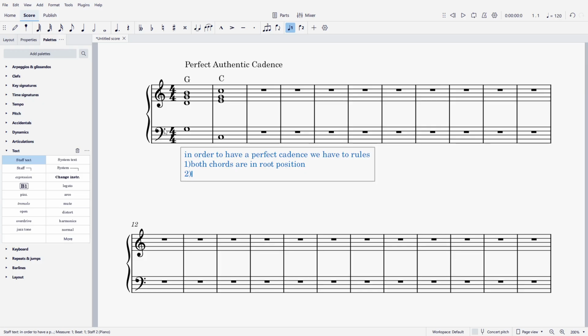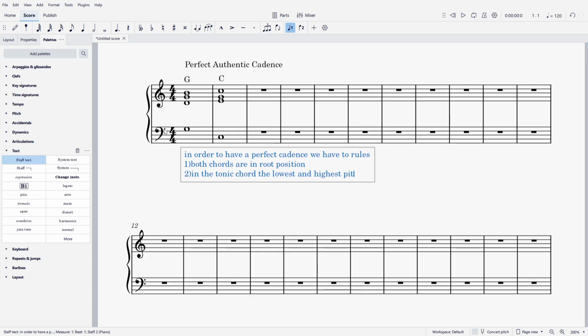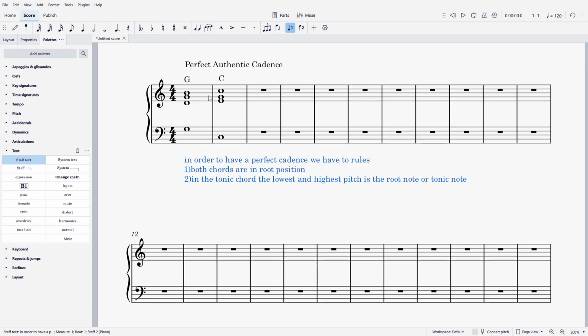Second rule: in the tonic chord, the lowest and highest pitch is the root note or tonic note. So as you can see, both of these rules are here.